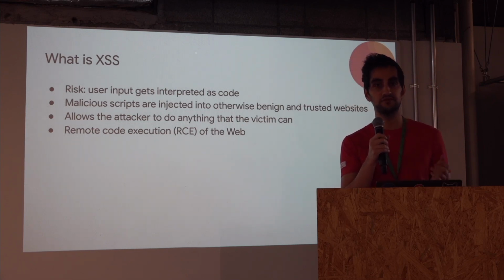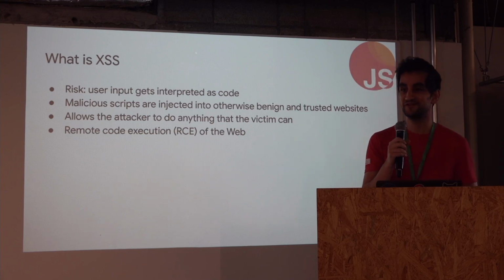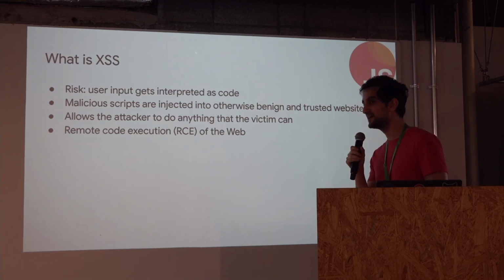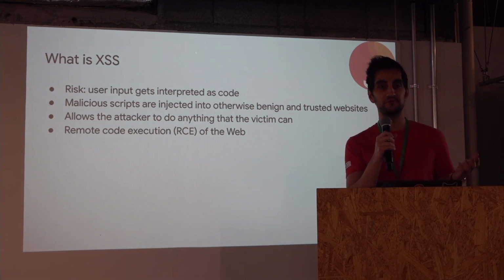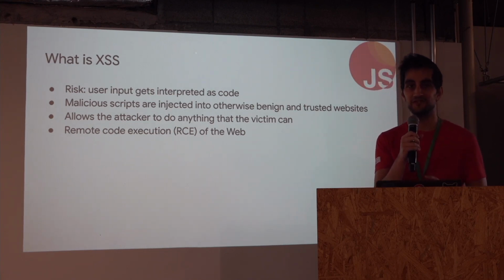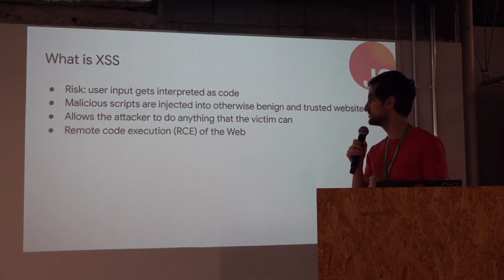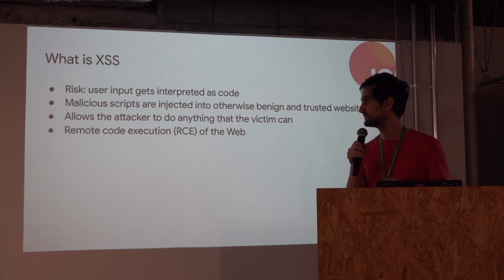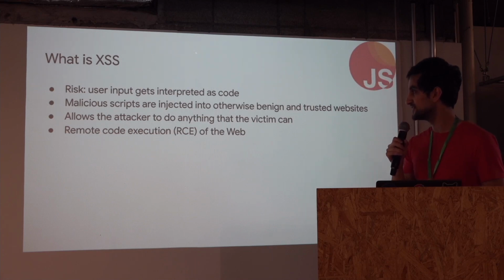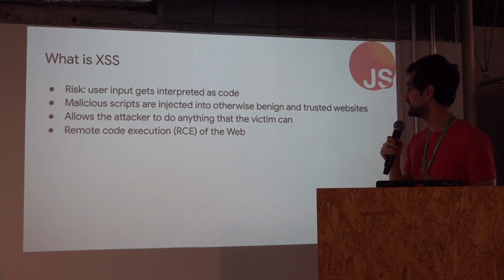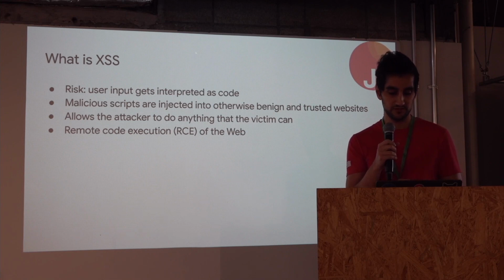So a malicious input can be injected into the victim's browser, meaning that from there you can assume that an attacker can take full control of the user's session. It's really up to the creativity of the attacker at this point to see what they can do. It could mean stealing the user's cookies, hijacking the user's session, or just repurposing the page. That's why we like to talk about RCE of the web. So the vulnerability itself is critical.